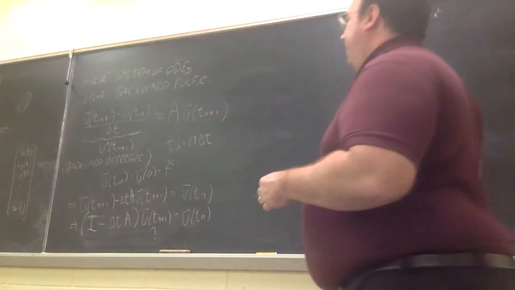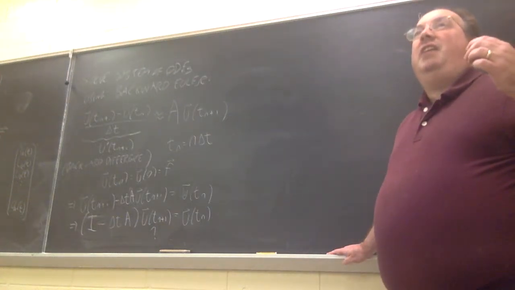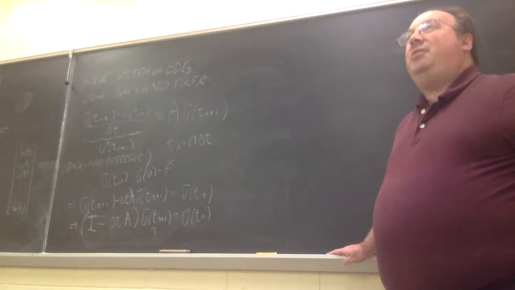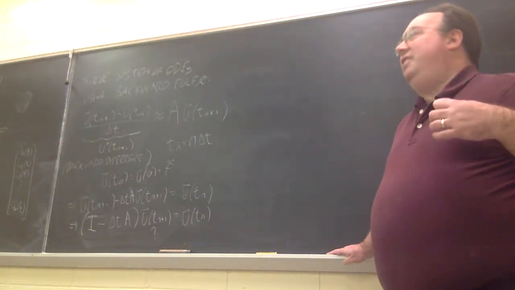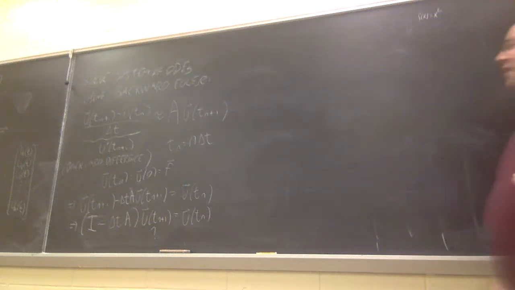In fact, back in the 60s or so, when it was first being studied, electronic computers were first out, and the properties of computer arithmetic were not very well understood.